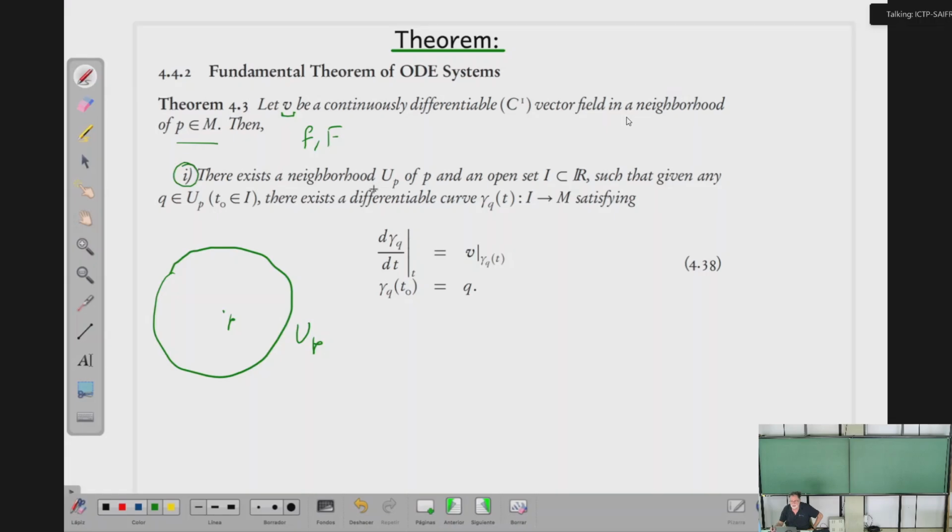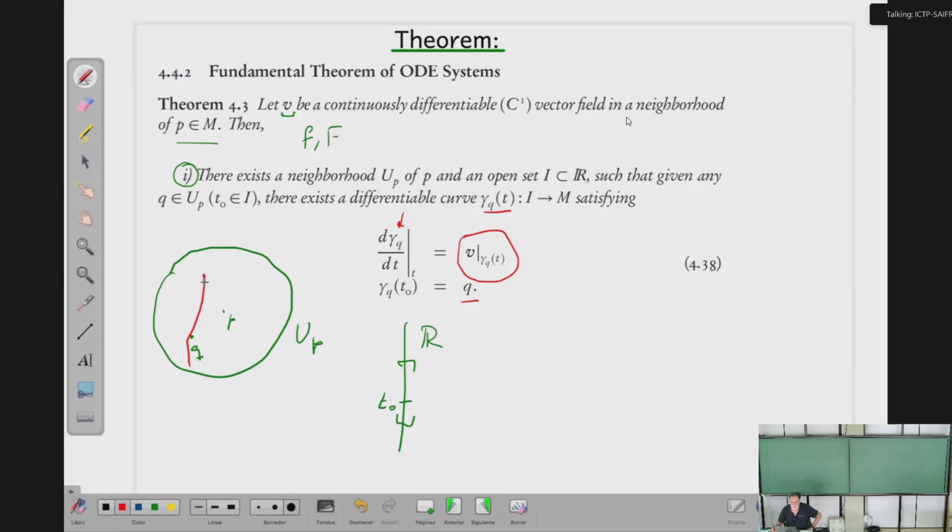The first thing is that there exists a neighborhood U of p and an open set I of R, such that given any point q here and any point t0, there exists a differentiable curve gamma_q satisfying that the derivative of gamma, the velocity of gamma, is the vector v at every point gamma_q, and at t equal to t0, gamma_q goes through q.